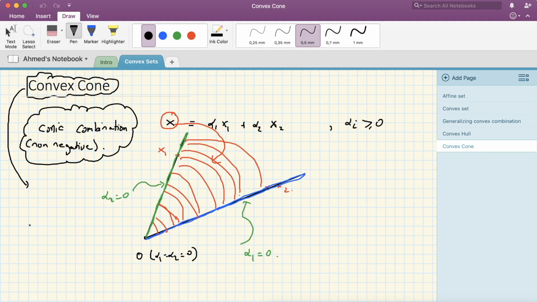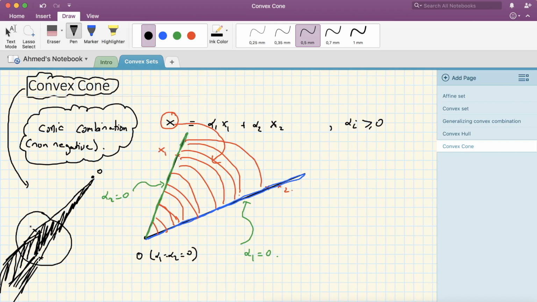So if I had this shape right here and I grab any 2 points, and the origin is here, 0, then the convex cone should contain all such points, and even up to infinity. Now, you do this for all 2 points right here, and you would contain something like a projector, a cone that would exactly contain your shape.